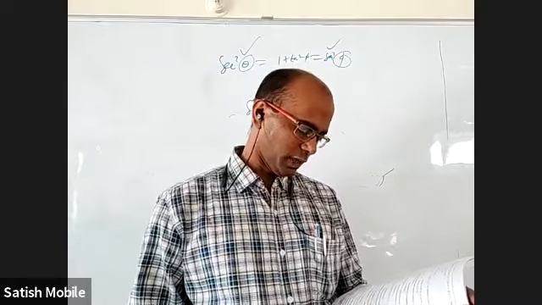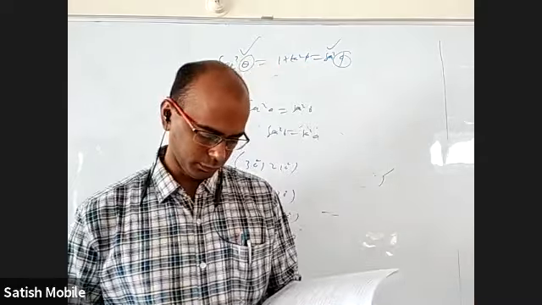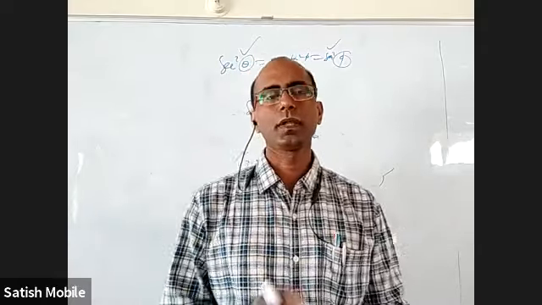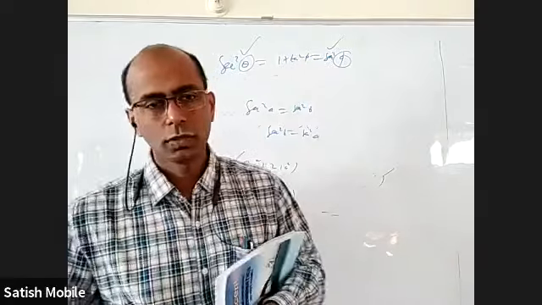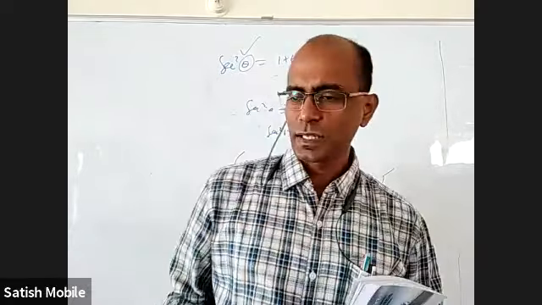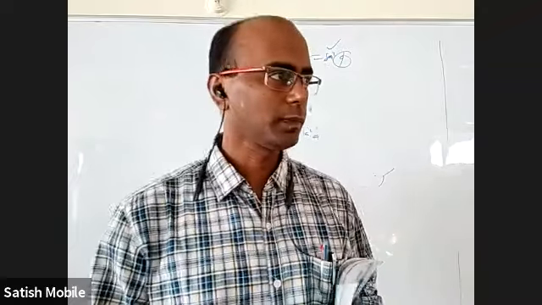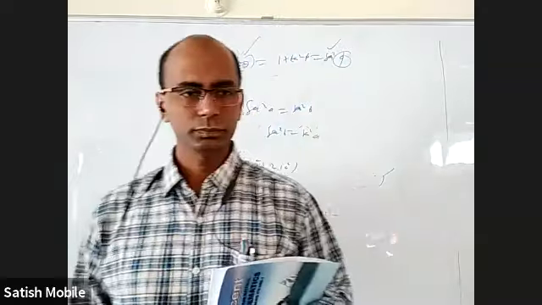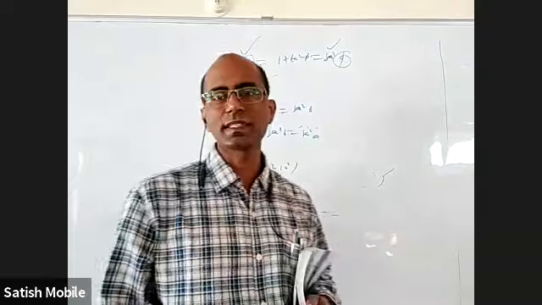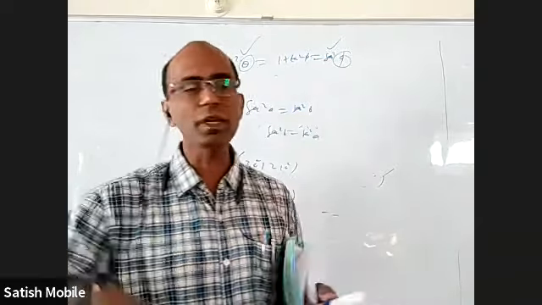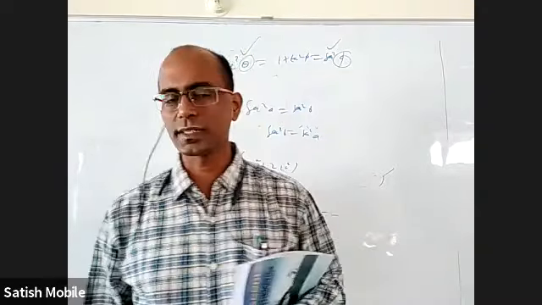Okay, the distance between A and B should be 1 kilometer. Okay, that is the relation, right? So it is obviously symmetric. If A is within 1 kilometer from B, even B is also within 1 kilometer from A. But it is not transitive. If distance between A and B is less than 1 kilometer, distance between B and C is less than 1 kilometer, distance between A and C need not be. It can be also, but need not be less than 1 kilometer.